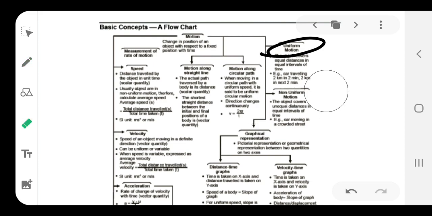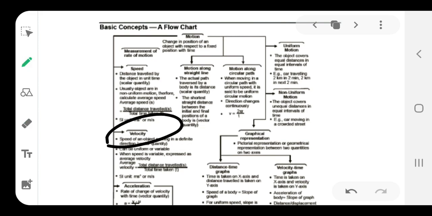Similarly, you should know what velocity is. It again has many parts to learn, such as uniform velocity, variable velocity, average velocity, instantaneous velocity. These terms must be very clear in your mind before we view the particular topic which I am going to present.